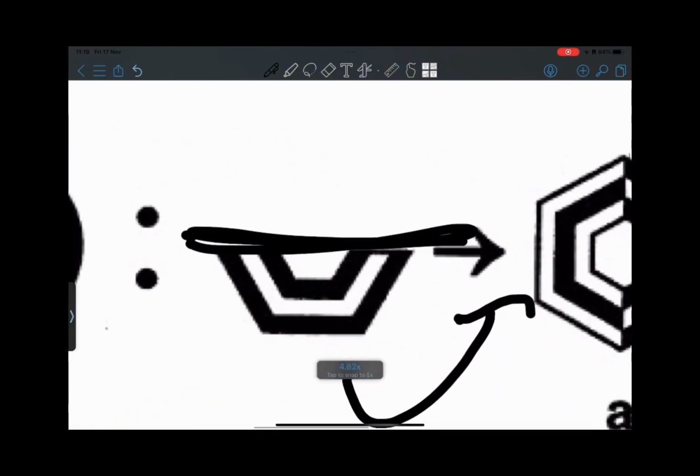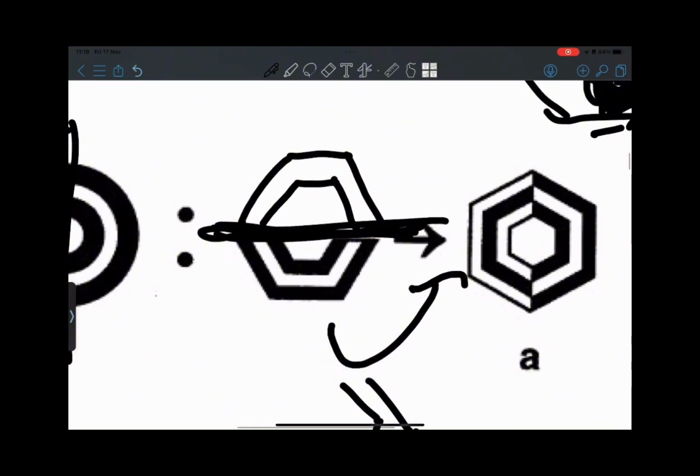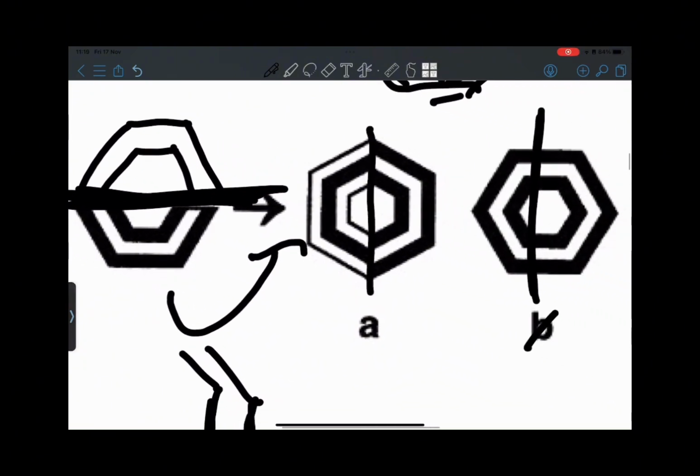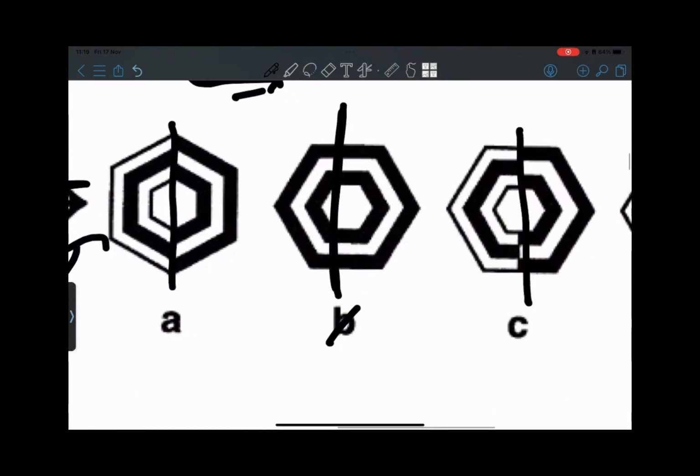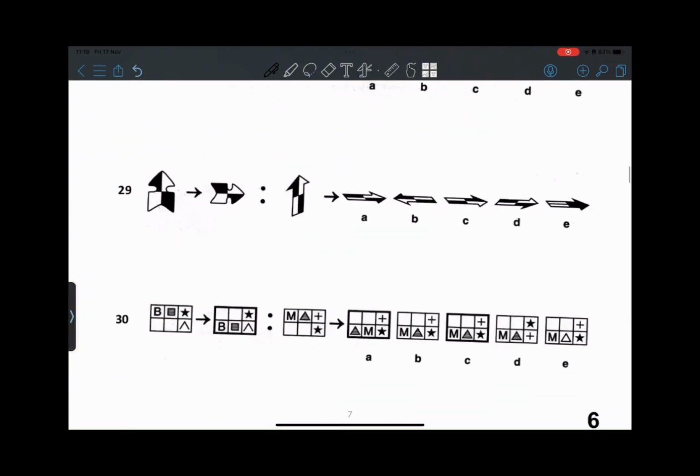So if you just imagine adding the extra section here, you can see the division is down this line, not down this thing. So you can see it should be A. I don't think I'll be able to walk through it in 20 minutes, but I'll still try and get through.